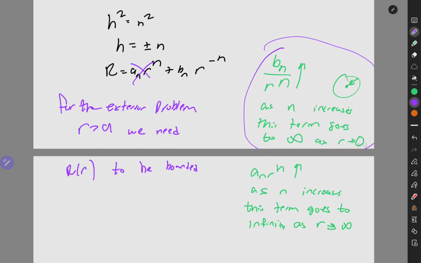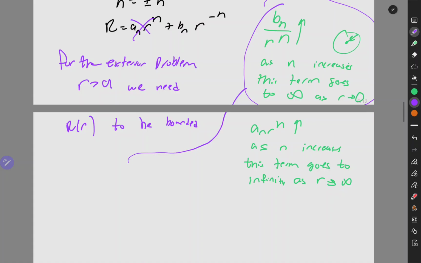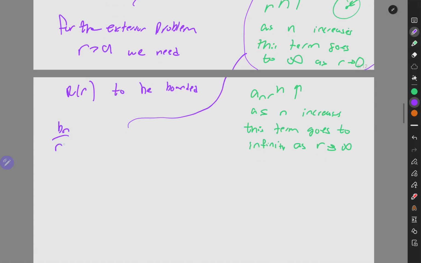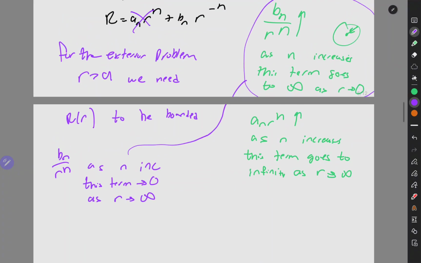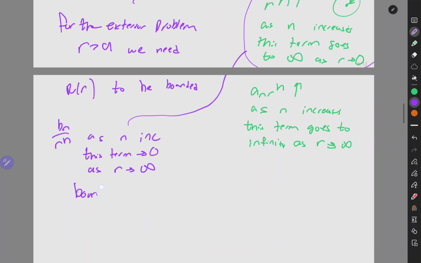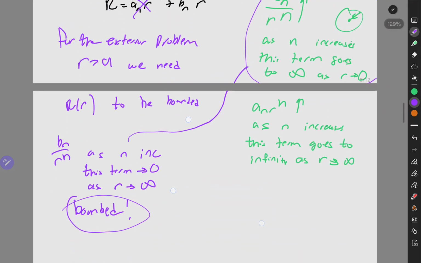I kind of explained that poorly, but another way of writing this is that as n increases, this term goes to infinity as r goes to 0, and as r goes to infinity it's bounded. So we only use this one term.